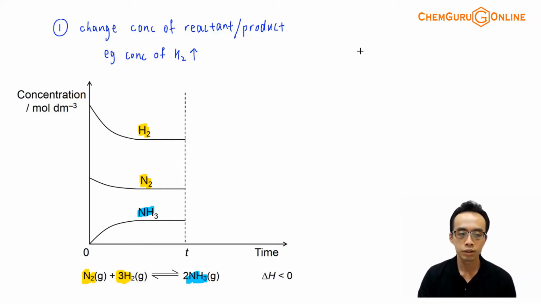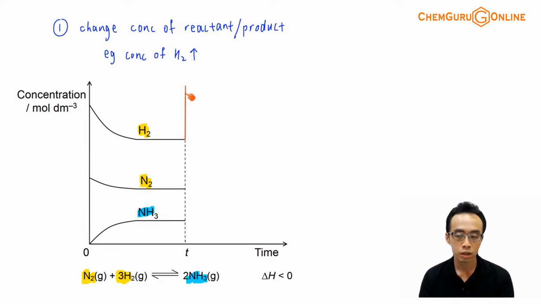So this is what will happen at time t. Since I am increasing the concentration of H2, at time t, the concentration of H2 will increase sharply, and at time t, there shouldn't be any sharp change in the concentration of your N2. There shouldn't be any change in the concentration of your ammonia. Only H2 concentration will shoot up at time t.